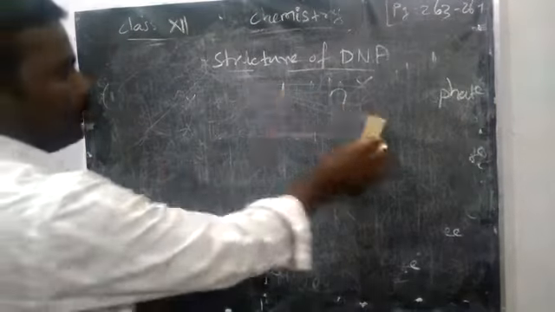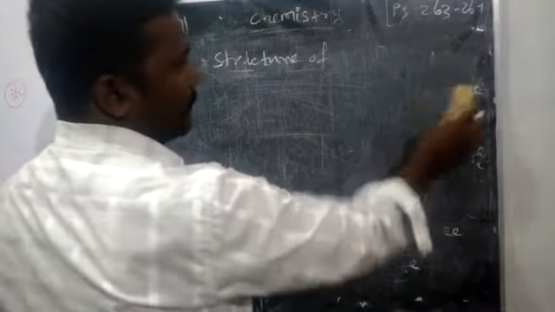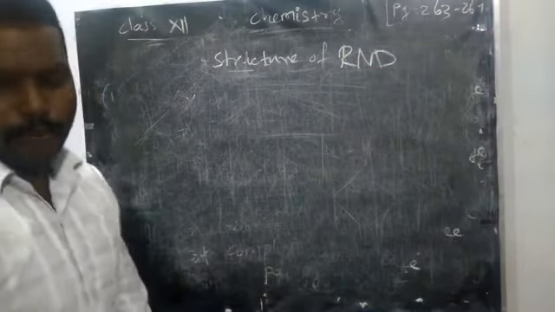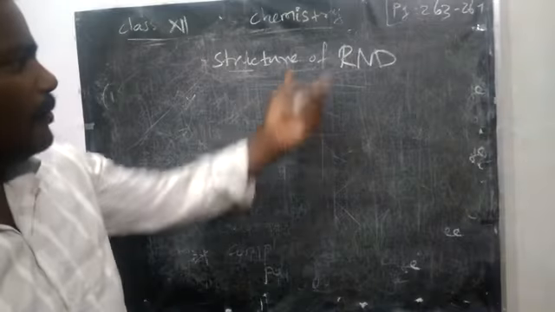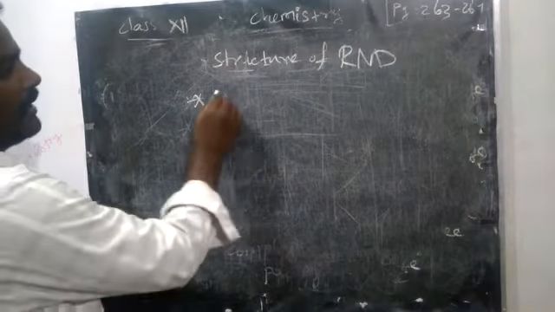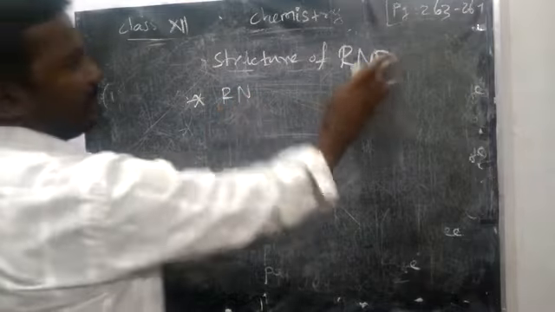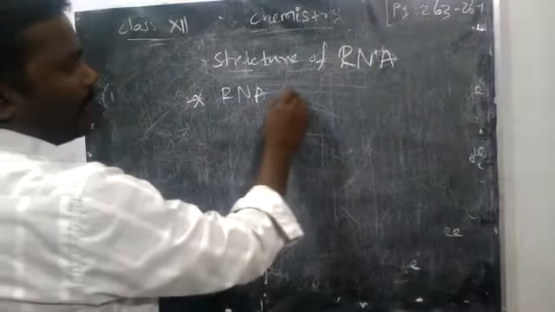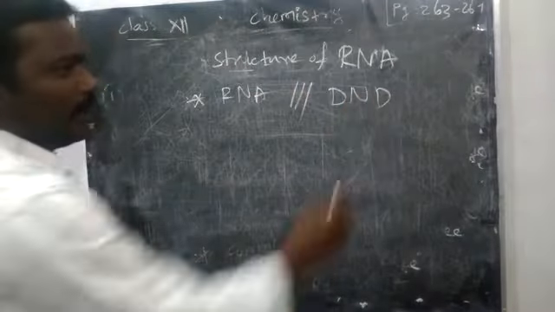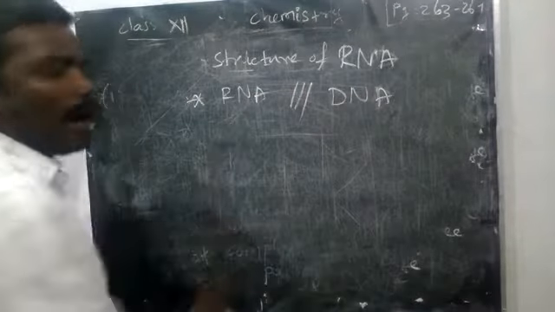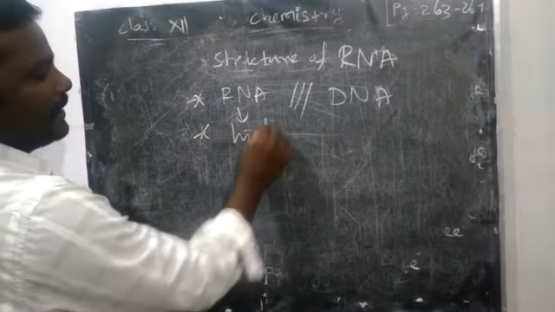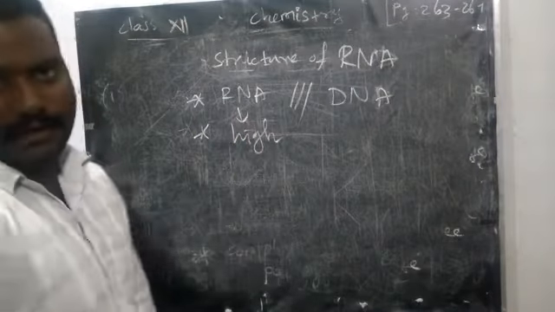Yes. Now the structure of RNA, ribonucleic acid. So ribonucleic acid is also similar to the DNA. RNA is similar to DNA, but only the quantity-wise, it is higher than DNA, right?